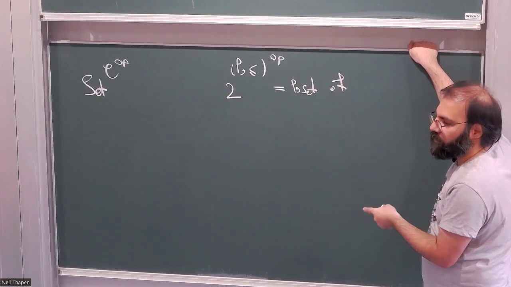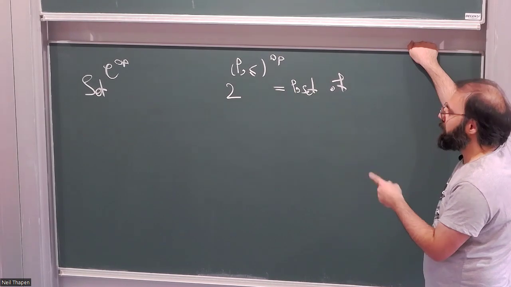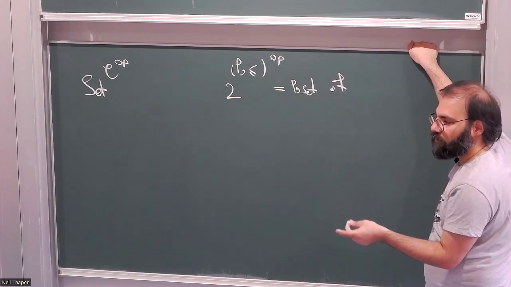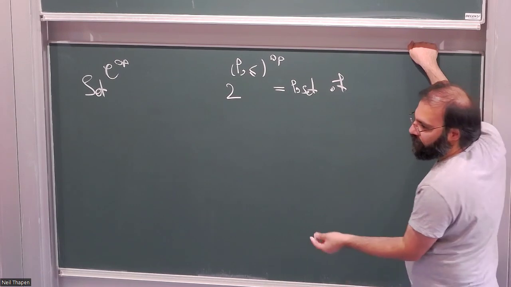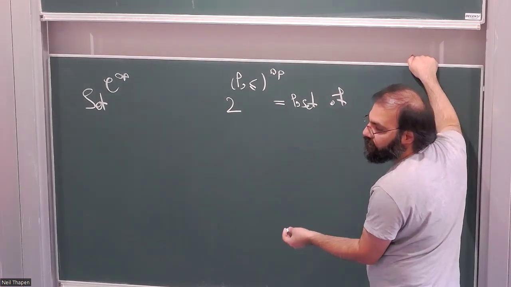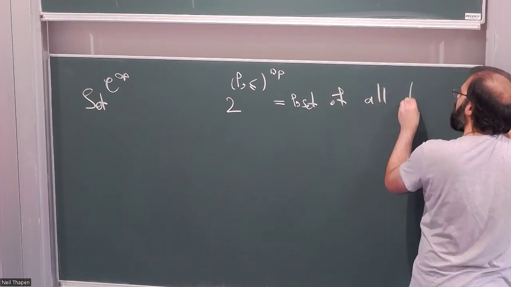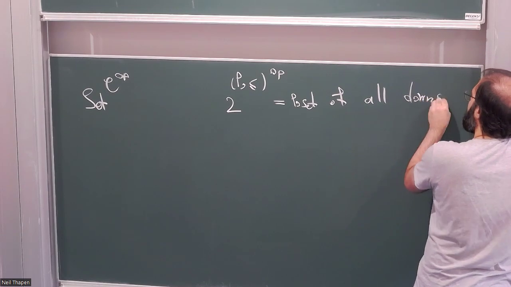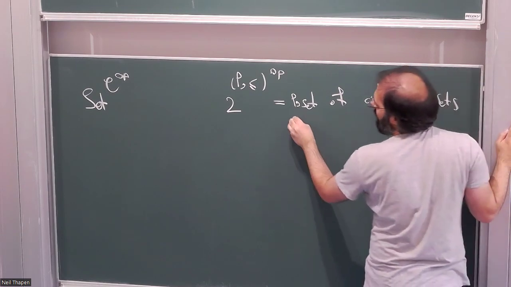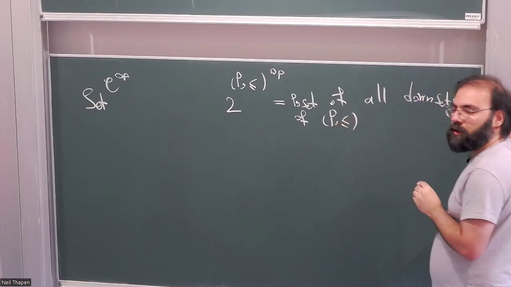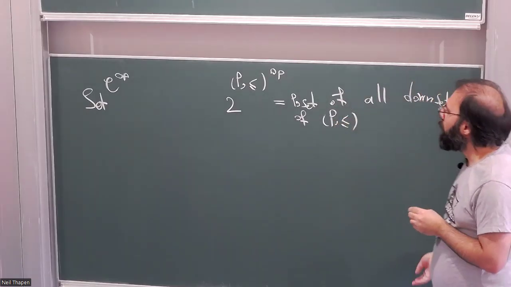There is one opposite. Yes, but since I don't care about disjunction, therefore it is just downsets. So the poset of all downsets of P, right? The subsets that are closed downward.